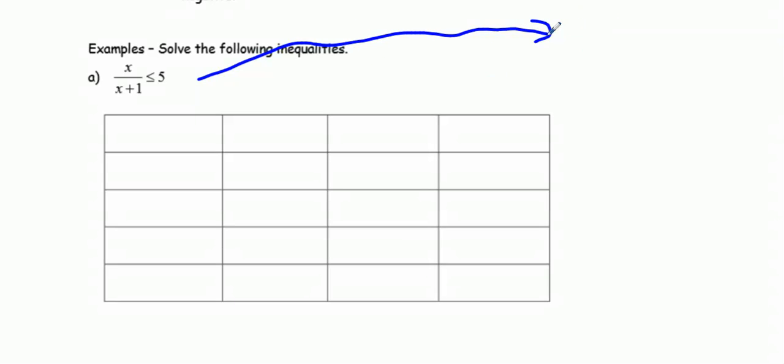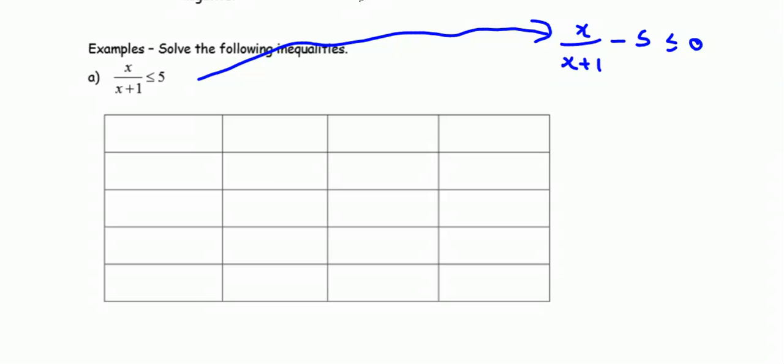So what I need to do here is I've got x over x plus 1, and I need to bring the 5 to the other side, because this right-hand side has to be 0. So now I've got less than or equal to 0. So now, I know another big groan, you're going to have to do your addition of rational expressions here that you did last year.